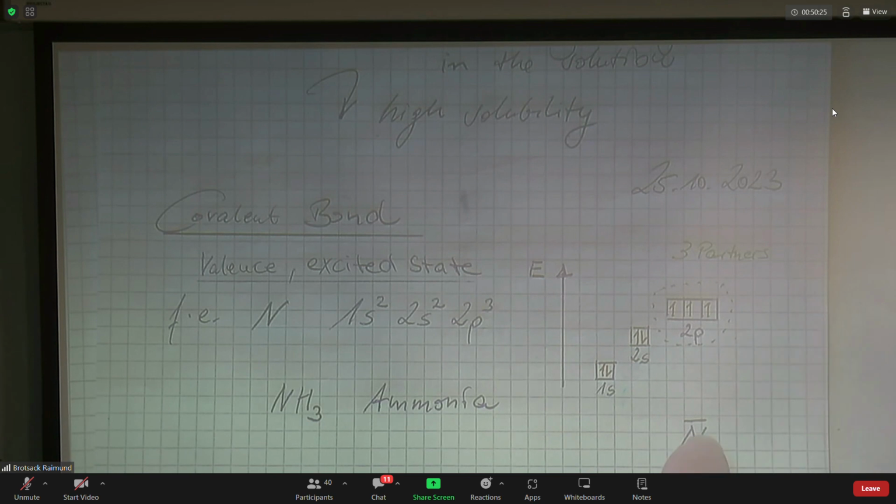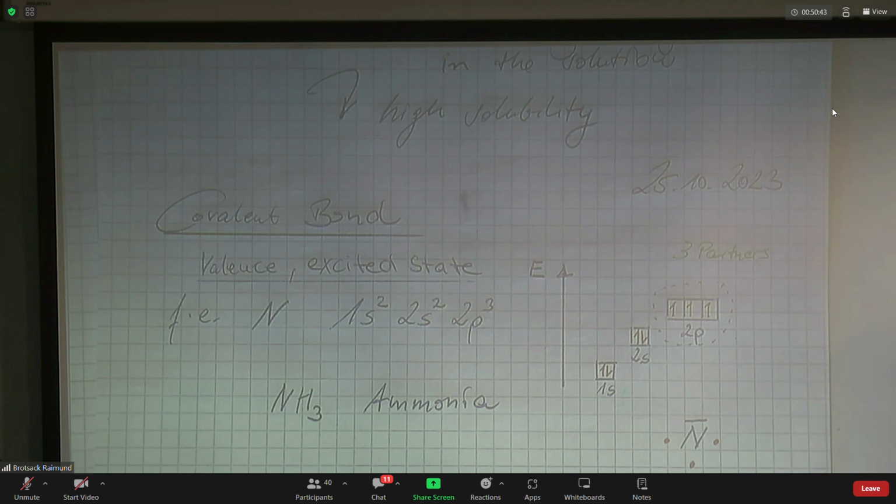These are the 2s electrons. And what we know, we have now 3 electrons from the 2p. 1, 2, 3. They are free for the creation of a bond to any partner.